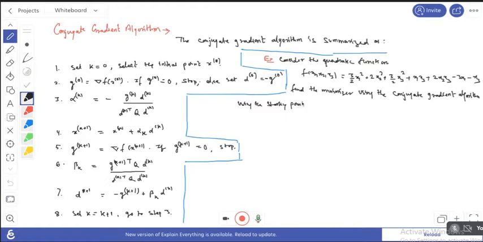Either this is given, or you take any arbitrary point and then start. So this is your arbitrary point.